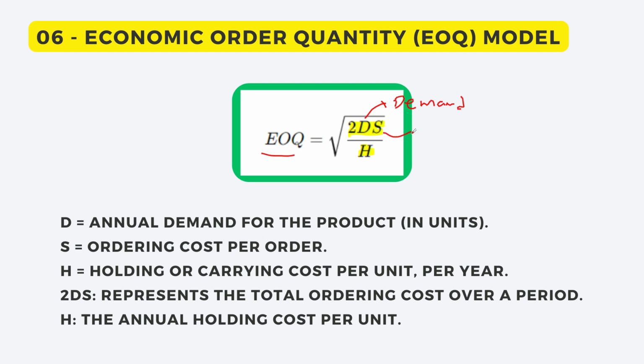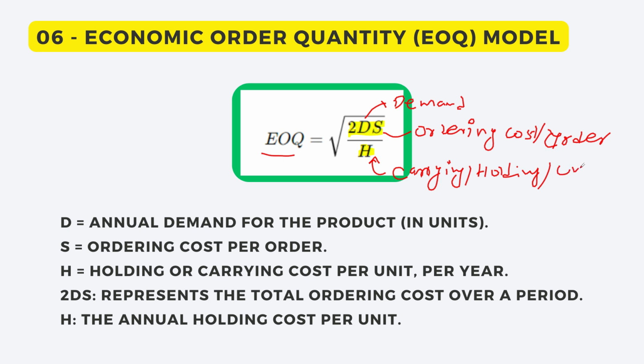S is the ordering cost per year, or better, per order, ordering cost per order. H is the carrying cost, or you can call it holding cost, per unit per year.